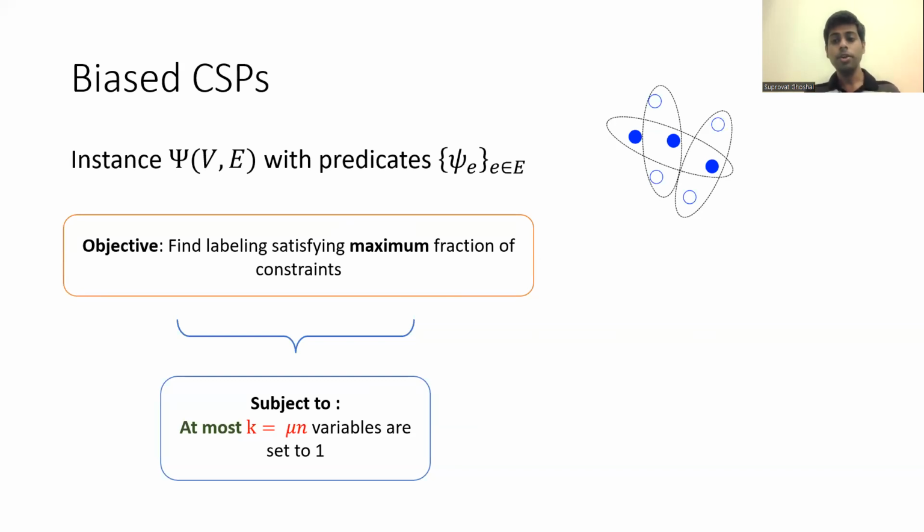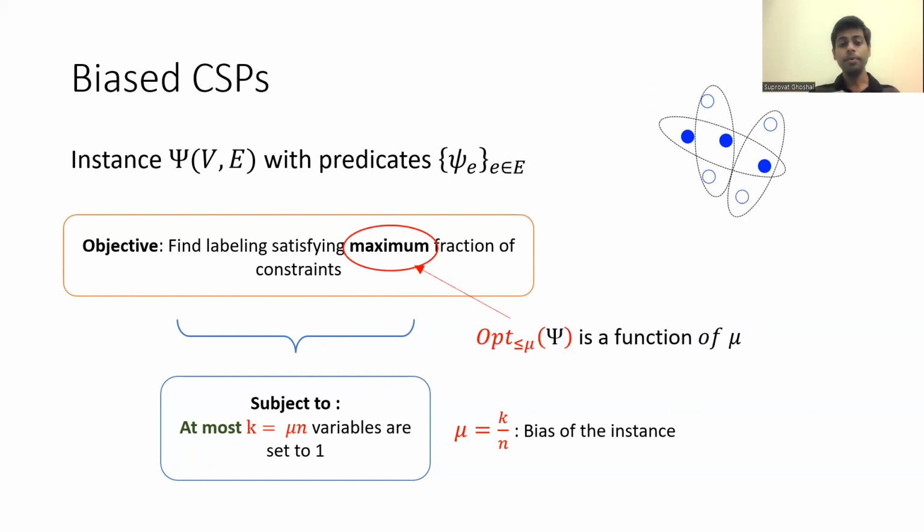In other words, we are restricting the search space to labelings which have at most k ones, and we want to output the best labeling out of those. Throughout, we will think of this relative fraction, which upper bounds the number of ones in the labeling, as the bias of the instance, and we'll denote it by the parameter mu.